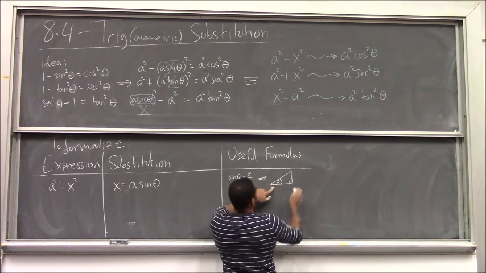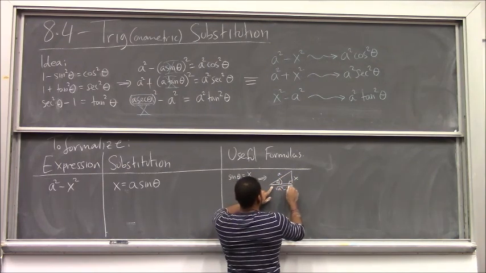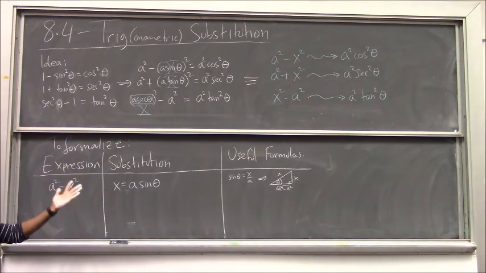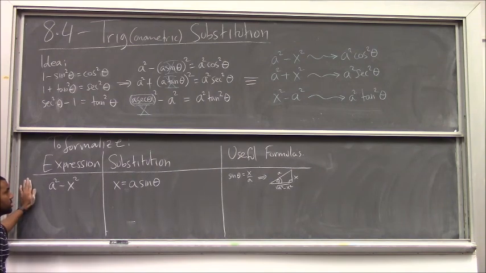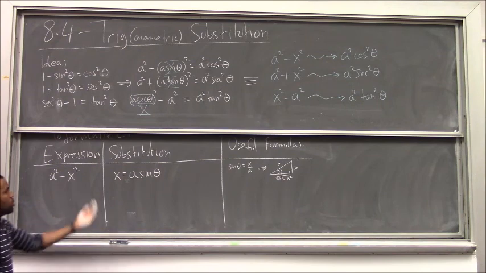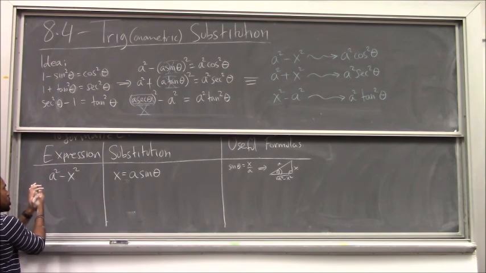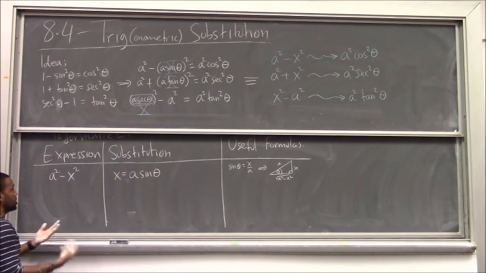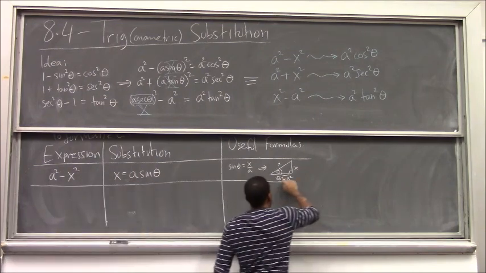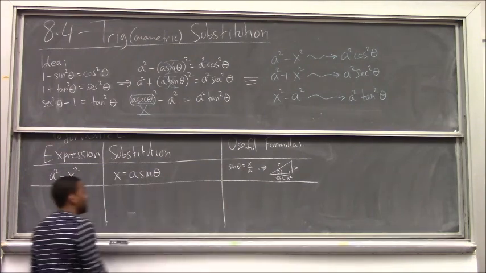The opposite is x, the hypotenuse is a, and then the adjacent side would be the square root of a squared minus x squared. We're going to see why that's useful, but that's just Pythagoras, it's not a big deal. So there are times when this expression is going to lead you to this substitution. Once I plug that in, it turns into a cosine squared, which is going to be nicer in a lot of cases. And I can use this triangle to figure out any other trig functions that might show up.